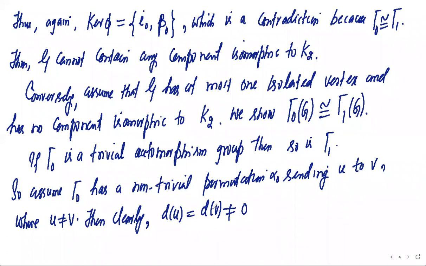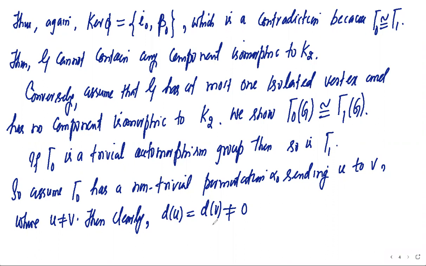Now we need to show that gamma 0 of G and gamma 1 of G are isomorphic. Now, depending on these two vertices U and V, either these two vertices are adjacent to each other or they are not adjacent to each other, but they are at least adjacent with some vertex, because the degree of both of them is not equal to 0, and in fact both of them have degree at least 1 because we have a vertex automorphism sending U into V, so U and V must have the same degrees.